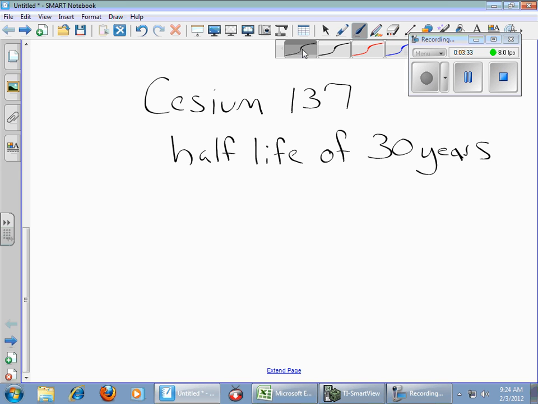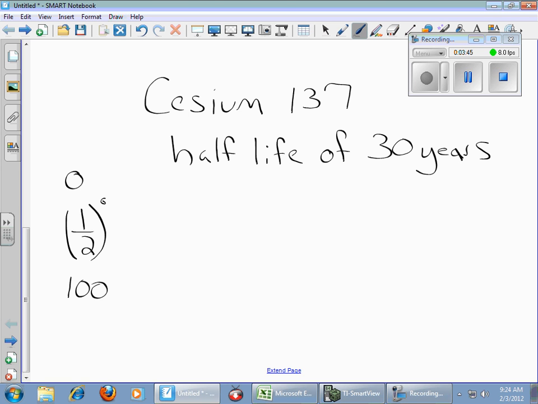Okay, so that means that when there's 100% of it, remember how we did this? Remember our table looked like 1/2 to the 0 power, and that's 100%. Okay, and that would be 0 years old, right? Okay, and then when I do 1/2 to the first power, well, there's only 50% left, right? Okay, and then that means the substance would be 30 years old.